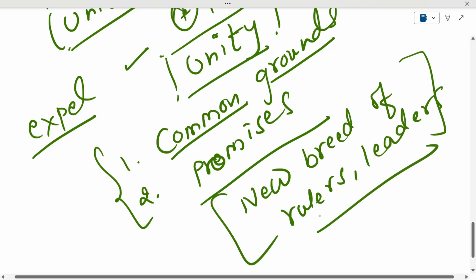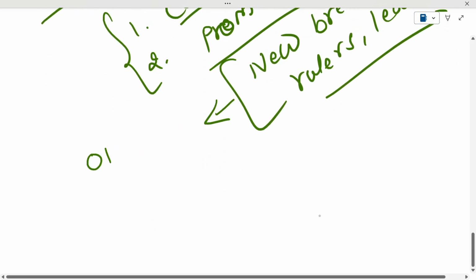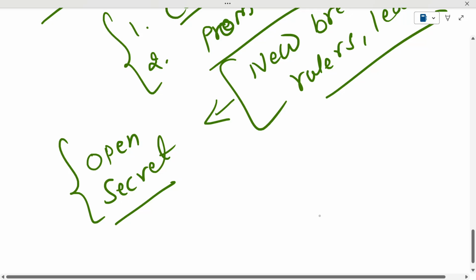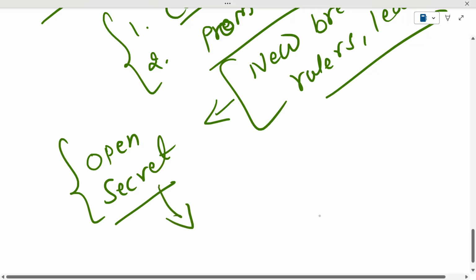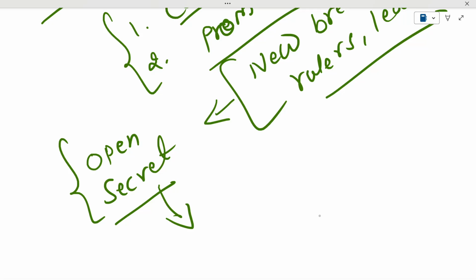So it was some kind of an open secret, an open promise that if we, the nationalist leaders, are mobilizing the common people from all walks of life, people from different strata of Indian society, and if we are seeking their help to expel the colonizers, to expel the exploiters, then the power which they will get after expelling the British will not be used against the common masses.